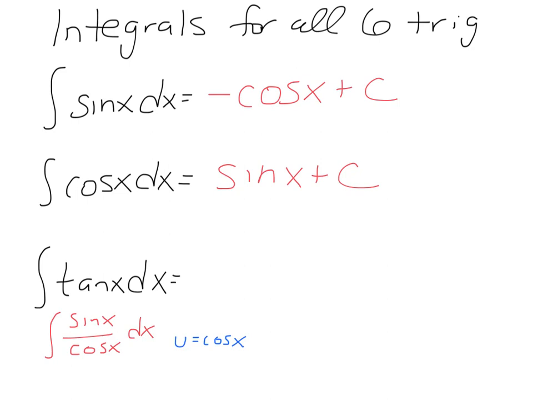And since the derivative of cosine gives me a negative sign, when you're all done with it, you're going to get a final answer of negative natural log absolute value of cosine of x plus c. Okay, so again, that rule there, I would recommend just memorize it. That is the antiderivative of tangent, but if you were in a bind, you could derive it pretty easily by rewriting tangent and doing u substitution.